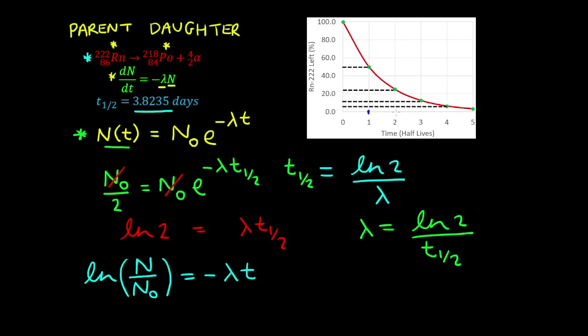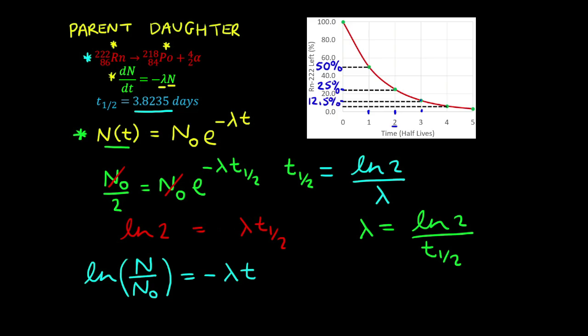So at every half-life, we have half of the sample decaying. So we're left with 50% of the nuclei after every half-life. So at 2 half-lives, we're left with 25%. And after 3 half-lives, we're left with 12.5%, and so on.